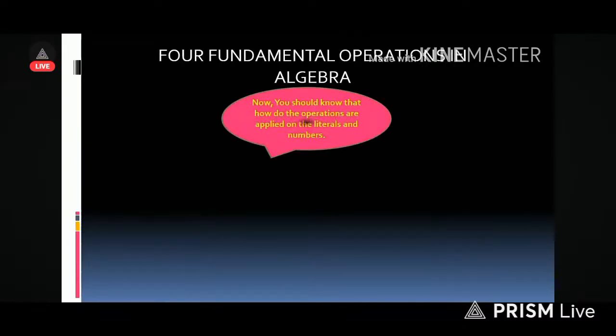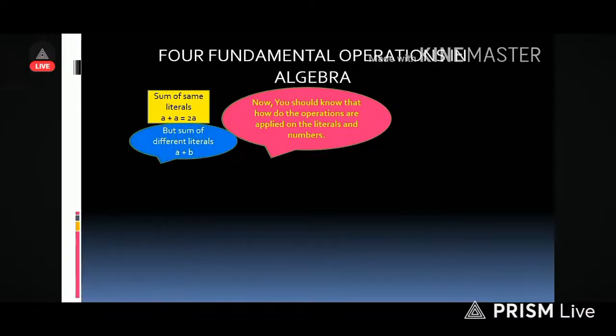Now you should know how the operations are applied on the literals and numbers. Sum of same literals: if we add same literals, a plus a will be 2a, but sum of different literals will be a plus b.